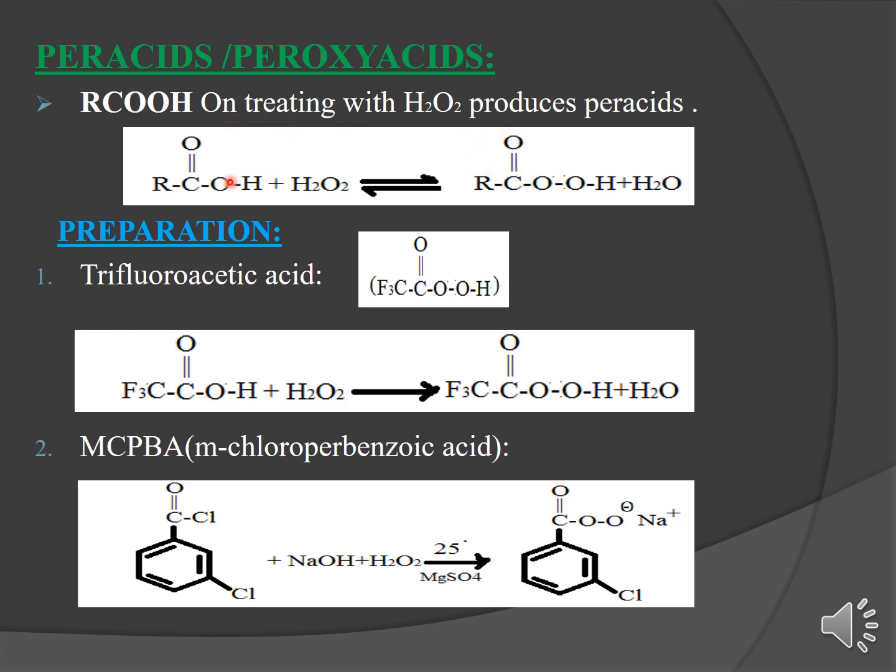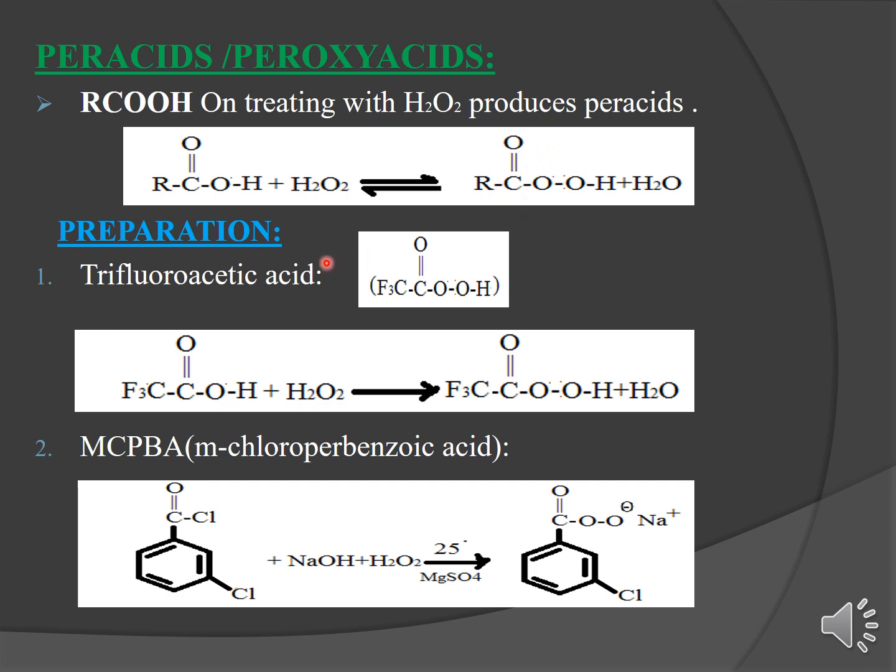Peracids are prepared by taking the carboxylic acid. On treatment of the carboxylic acid with hydrogen peroxide, it will produce the carboxylic peracid with the cleavage of a water molecule. If you see here, one oxygen atom is getting added to the carboxylic acid, and you are getting the peracid.